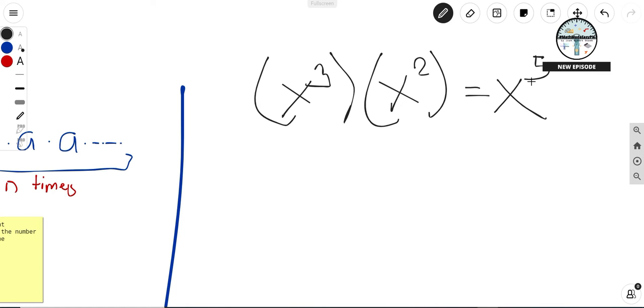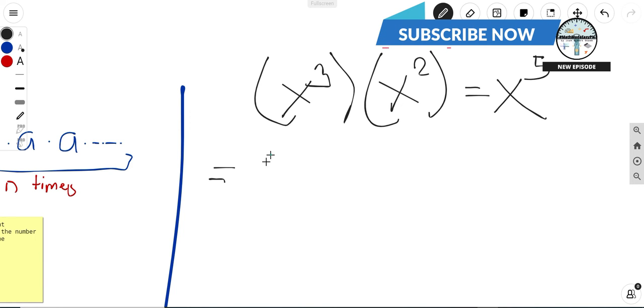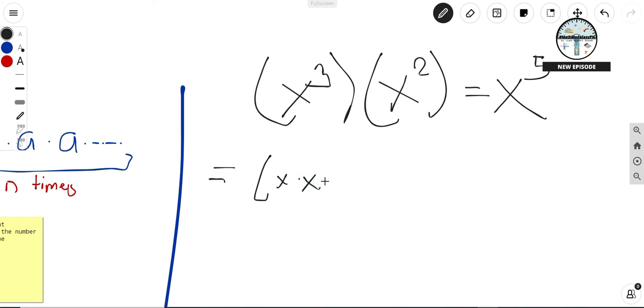Let us try to expand these terms. Since it's x cubed, that is x times x times x, and x squared is x times x only. The reason why it is equal to x raised to 5 is that if we count the number of x's, 1, 2, 3, 4, 5, there are 5 x's here.